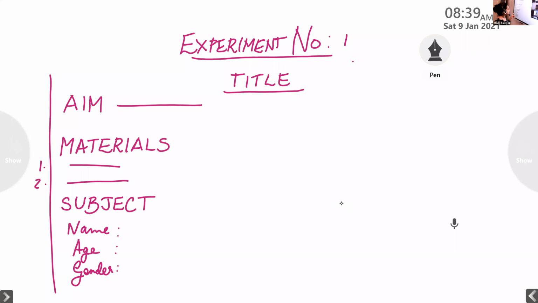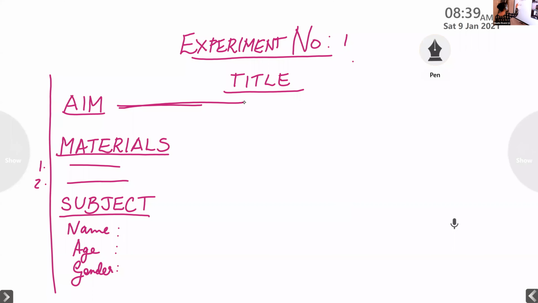You'll start with the experiment number and title in the center, and then you'll go to the left hand side. You'll write aim, the one given in capital letters. They are the headings. You don't write the aim here; instead, you'll write from this area.